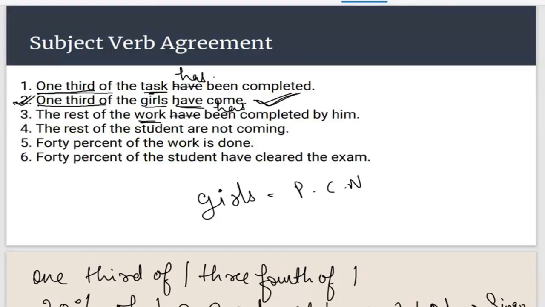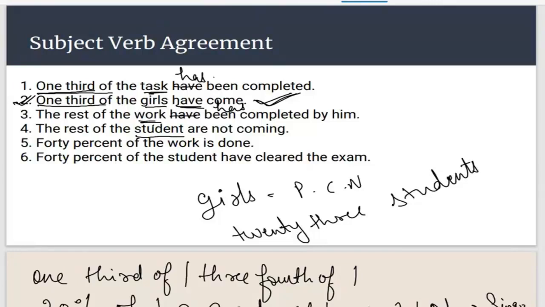Okay. So now you guys are saying that in sentence number 4 you want to replace are with is. But first of all, you tell me whether student is a countable or uncountable noun. Can I say that 23 students have joined my class?